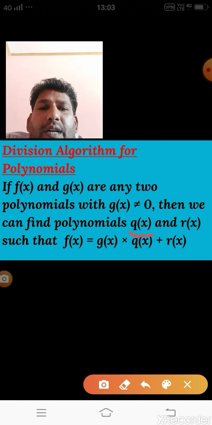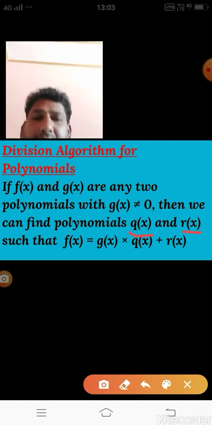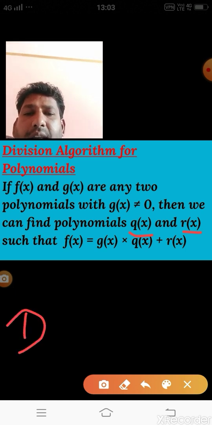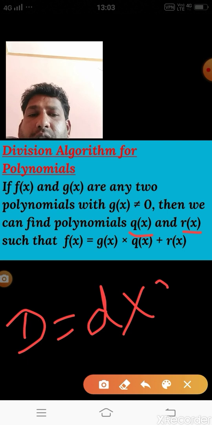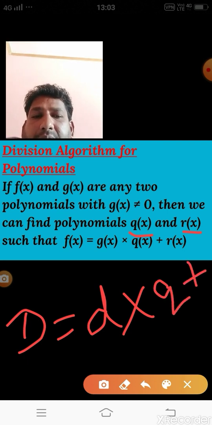The quotient we call q(x), and the remainder we call r(x). Then dividend is equal to divisor into quotient plus remainder.